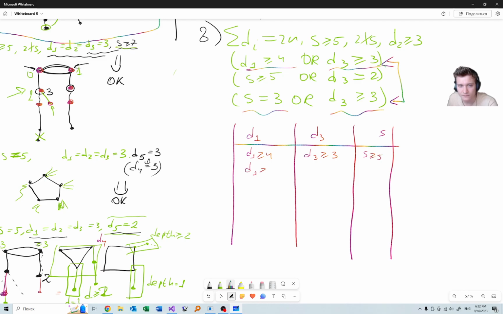Then S equals 3. After that, d3 is equal to 2 and S is at least 5. Then the same goes here. And finally, 4 things about d1 being equal to 3.